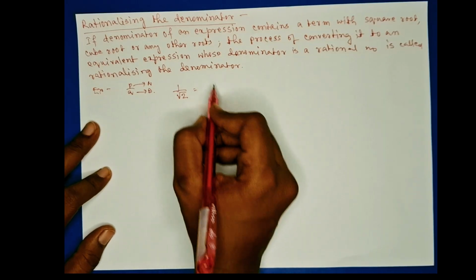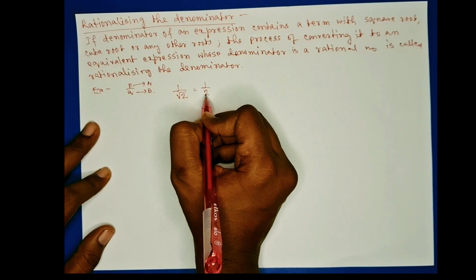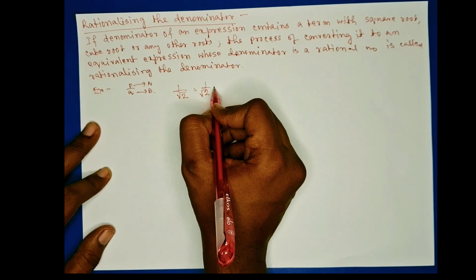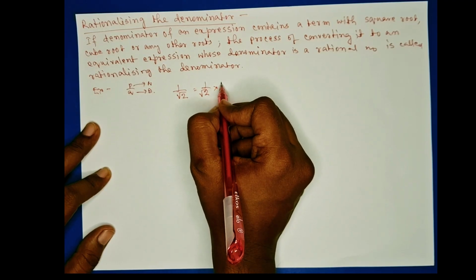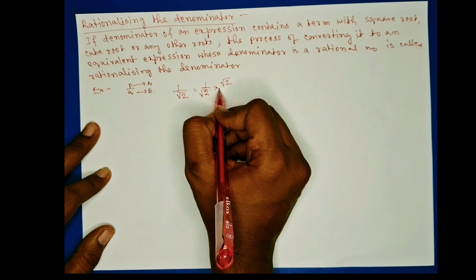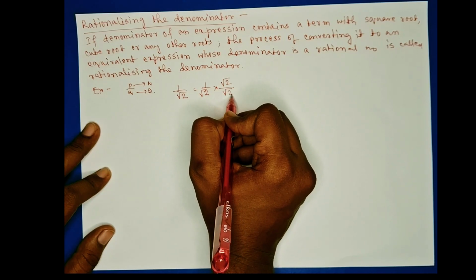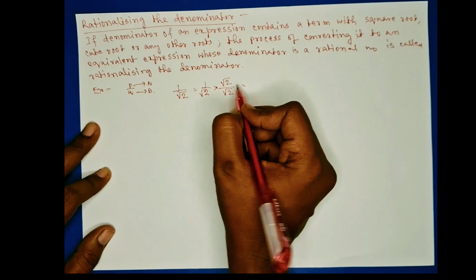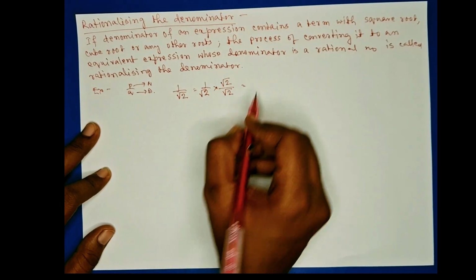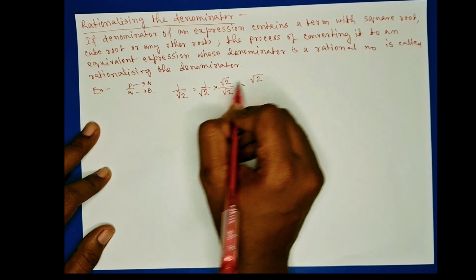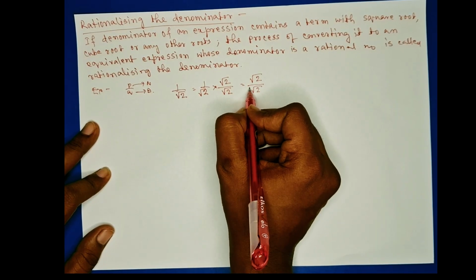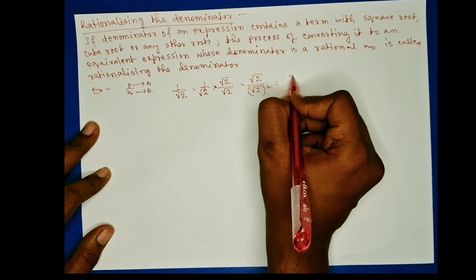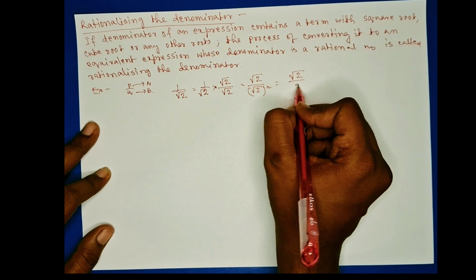How to make it? What we can do simply is, we were writing it as 1 by root 2, into, we are multiplying on both sides, the numerator with root 2 and the denominator with root 2. So now the new form will be root 2 by root 2 square, which is equal to root 2 by 2.